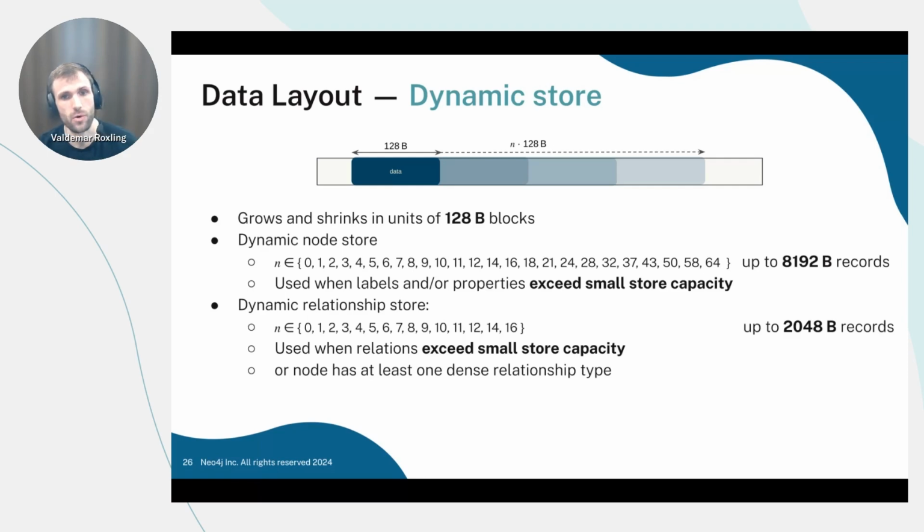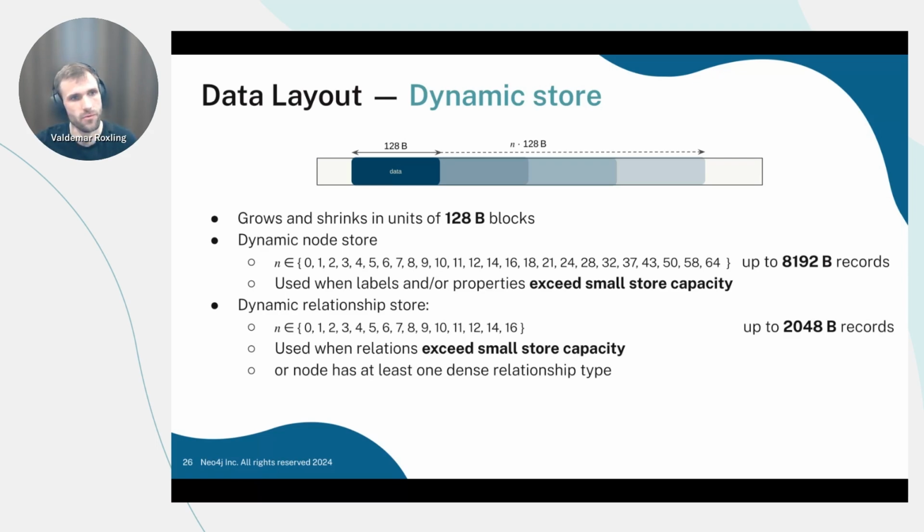And this record can grow up to 8 kilobytes. So there's a lot of properties that we can fit in here. And then we have the same thing for the relationships. So when you don't fit the relationships in the 64 bytes, you need more space. We can have relationships up to 2 kilobytes. And this is when we use the dynamic relationship store.